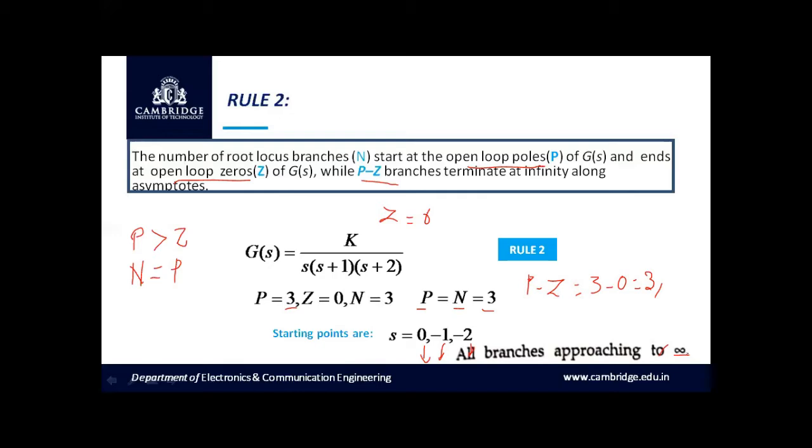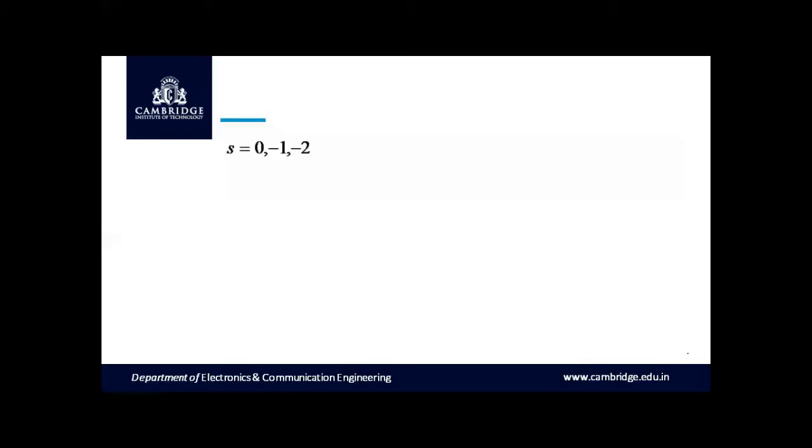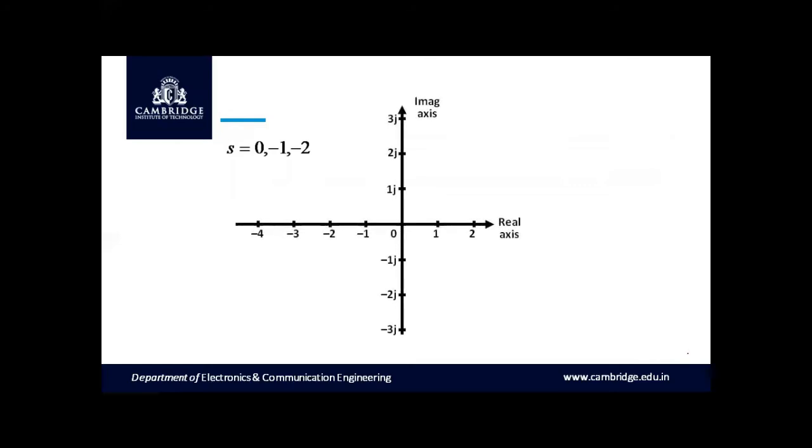Let us plot these poles in the s-plane. We have three poles at s is equal to 0, s is equal to -1 and s is equal to -2. We know that we represent the pole with a cross mark. Now, with respect to rule 2, all these poles will be terminating at infinity. It will be at 0 when k is equal to 0.